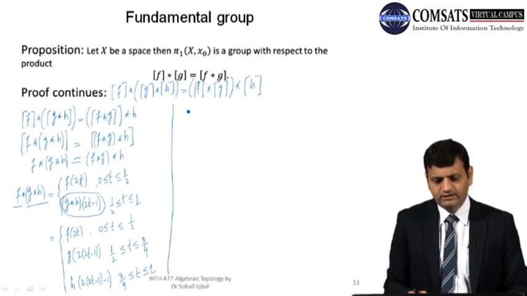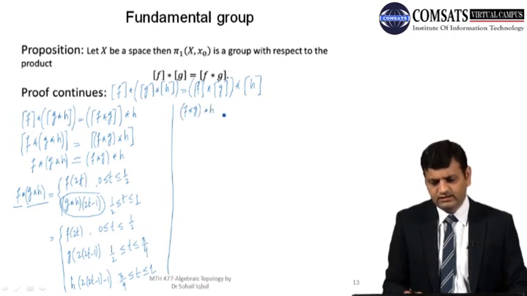Now on the other hand, let's see what is (f star g) star h. Basically this is equal to the function f star g of 2t, where t varies from 0 to 1/2, and h of 2t minus 1, and t varies from 1/2 to 1.